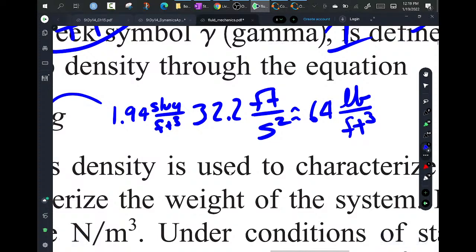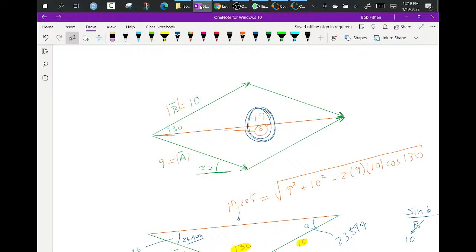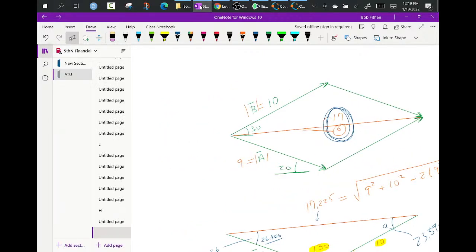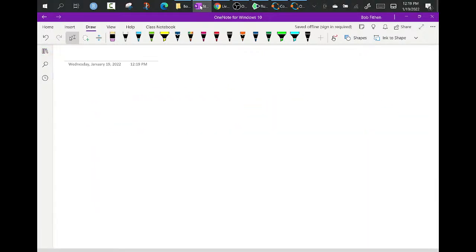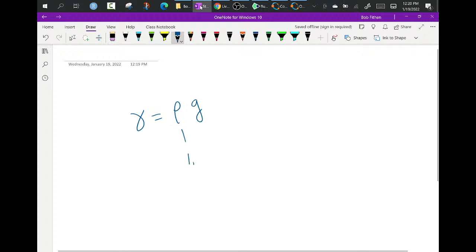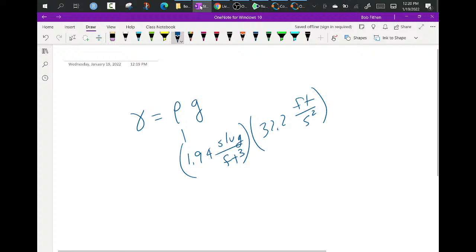Okay, let me go over to the other page, get a new page. This is the symbol, rho g. I can write easier here. 1.94 slugs per cubic foot times g, 32.2 feet per second squared.